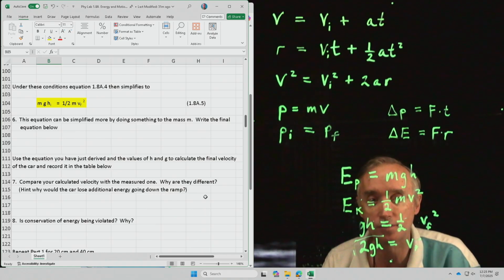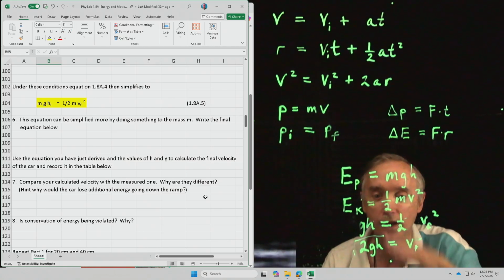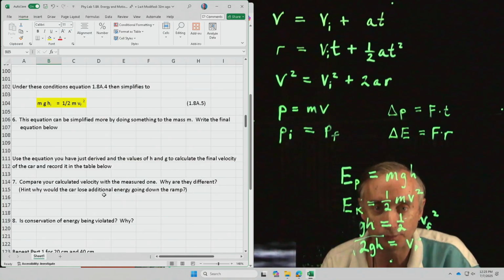So I want you to speculate as to why the speed is slower than what it should be. Okay, it's almost as if there was some energy that we're not accounting for. And so what do you think that energy is that is slowing it down as it's going down the ramp? Go ahead and put that right here. Now, does this mean that conservation of energy is being violated?